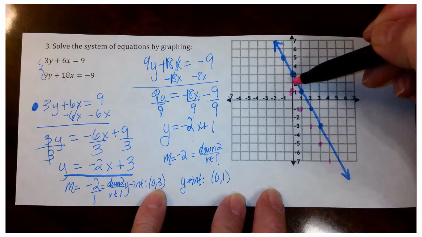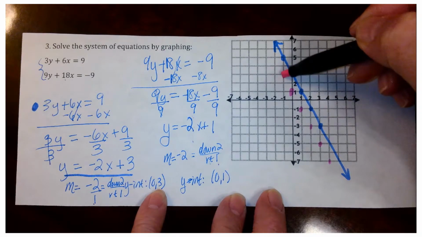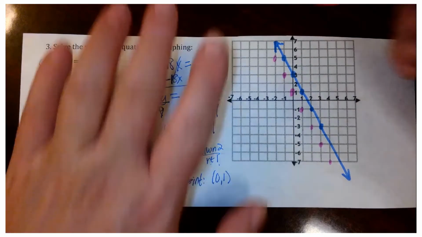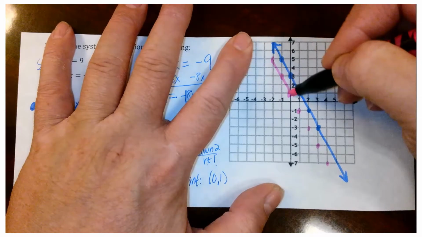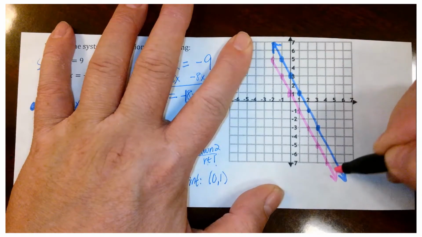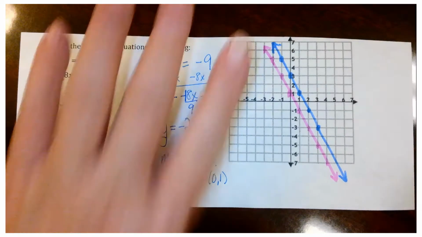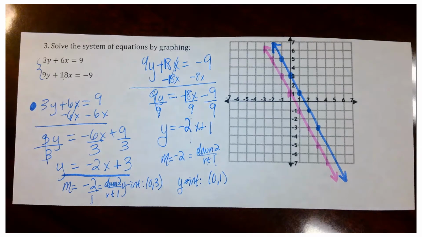If I did up 2, left 1, up 2, left 1, what happens when I graph these two? Are these ever going to touch? Are they ever going to intersect? Are they ever going to be a place where they are the same? So obviously we see that that's not happening. There's nowhere these are going to intersect. These are parallel lines.